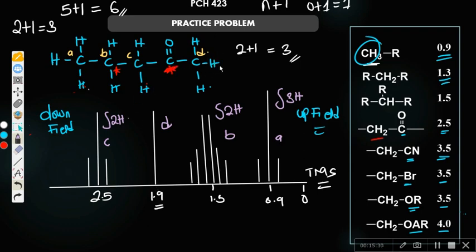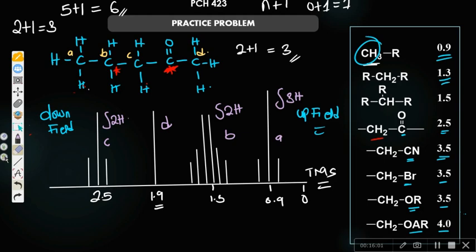And CH3 is supposed to absorb at 0.9, but because of its close proximity to this electron withdrawing group, the electronegative atom, it will be deshielded more, which will shift it towards this direction. Those are your reasons, and the same thing, reasoning for this last one. Is that okay? All right. So that is that for this particular one.